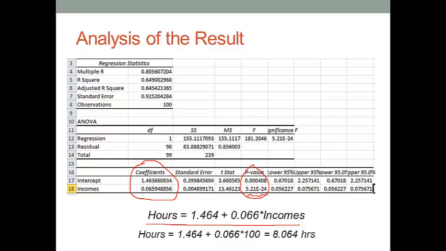But what does the intercept mean? That means you don't consider any other factor. You just randomly choose a customer from the population. On average, this customer will use the mobile app for about 1.464 hours every week. We don't consider incomes.